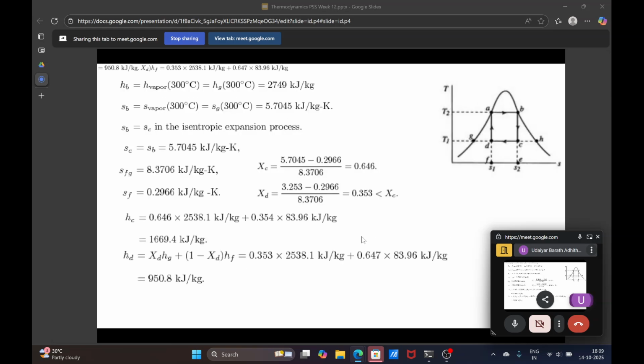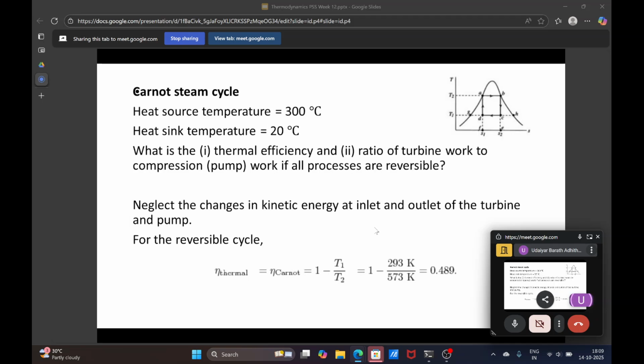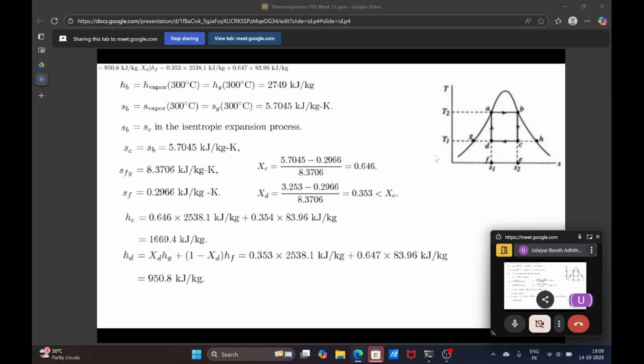Now we need to evaluate what is the work which is developed in the turbine as well as in the compression process, and what is the ratio of this. For that we'll evaluate each of the processes. To do that, we know that A and B are both saturated states.